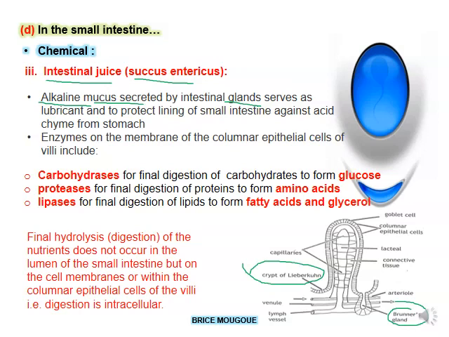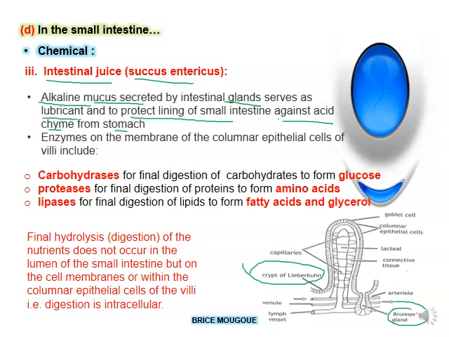These produce the succus entericus, and it helps to lubricate food so that it's more slimy and protects the lining of the small intestine. Remember, acid is coming from the stomach, so it protects the lining of the small intestine just the same way mucin was doing when it was protecting the lining of the stomach against acid found in chyme from the stomach.